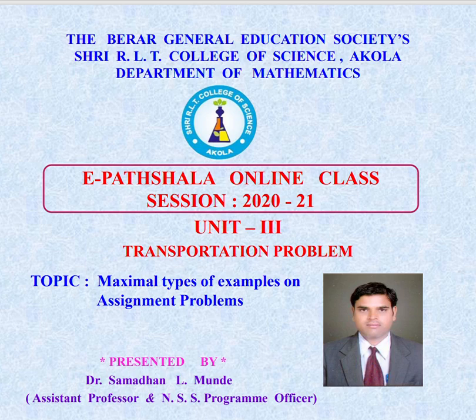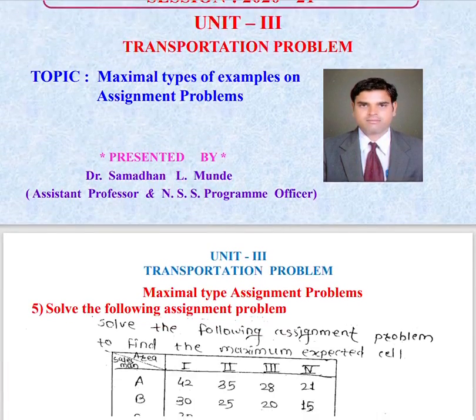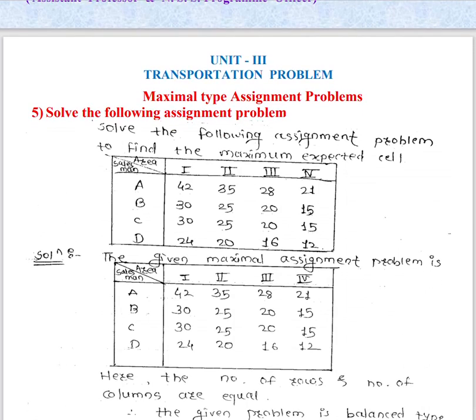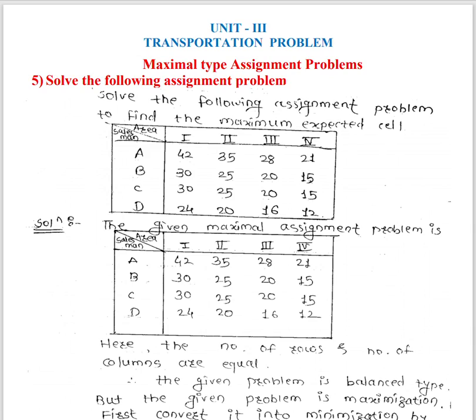Suppose there is no such word as minimum or minimal given, then we can assume that the problem is of minimal type. In this lecture we will see problems of maximal type. If in the question there is a word maximum or maximal, then we can say that the problem is of the maximal type.